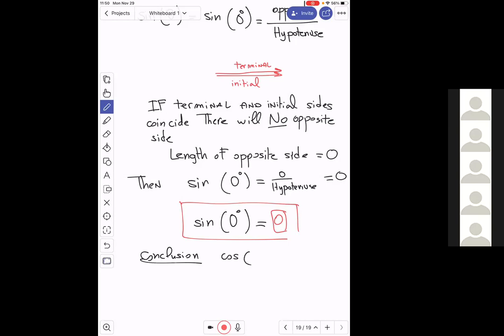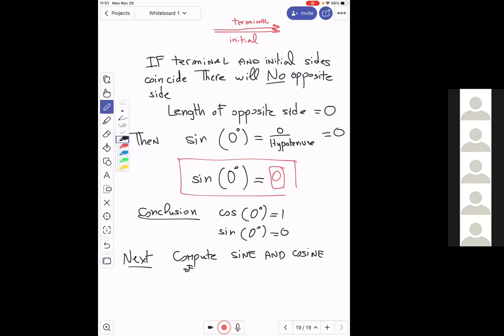Cosine of 0 is 1, and sine of 0 is 0. So next time, guys, I'm going to try to compute sine and cosine of other angles.